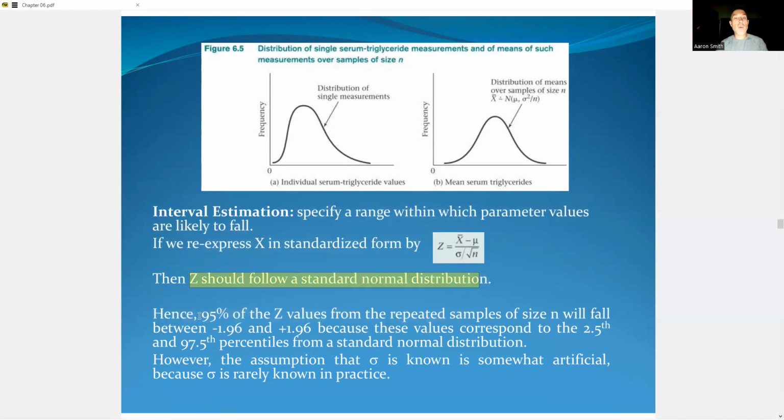Hence, 95% of the z values will be between negative 1.96 and positive 1.96, because these values correspond to the 2.5 and 97.5 percentiles of standard normal. Now, however, for this to work, sigma has to be known, which is rarely known in real life.